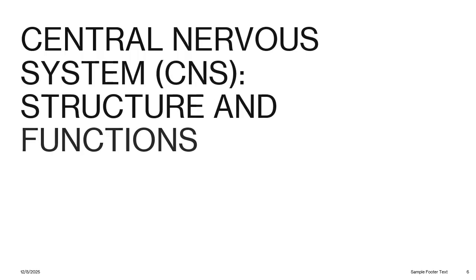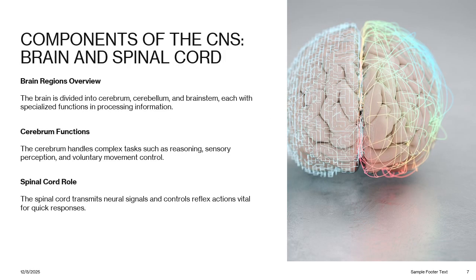So looking more specifically at the central nervous system in terms of structures and functions, the brain, which is divided into regions like the cerebrum, the cerebellum, and the brainstem, we'll do a little more focus on when we move into our sense organs and structures. We'll also do some stuff with the brain when we do that unit.